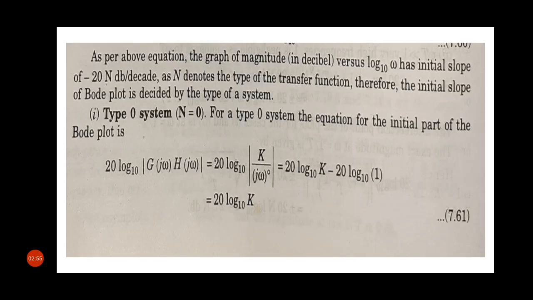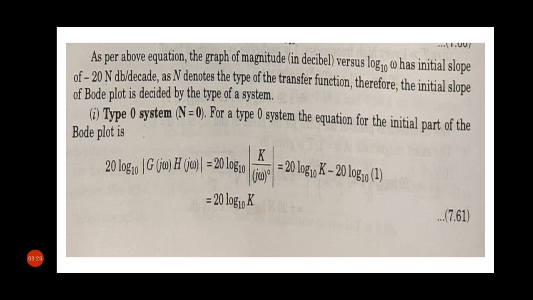Okay, so now come to the first type. This is type 0 system, that means where n equal to 0. So for a type 0 system, the equation for the initial part of the Bode plot is 20 log 10 mod of g(j omega) h(j omega). This is equal to 20 log 10 k divided by (j omega) to the power 0, because here n equal to 0.